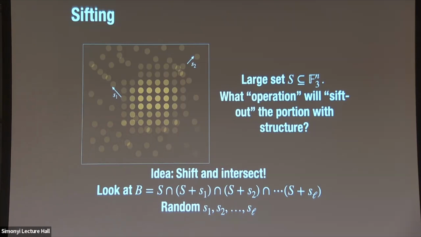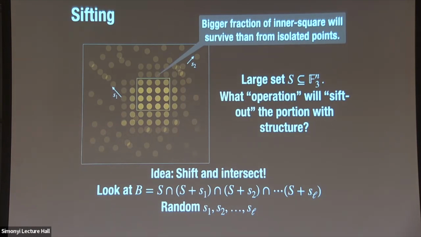So that's the intuition: when it takes shifts and intersects with itself, the fraction of the inner square in this picture is more likely to survive than isolated points. And in our real context, we expect the portion which has additive structure is more likely to survive than the one without.